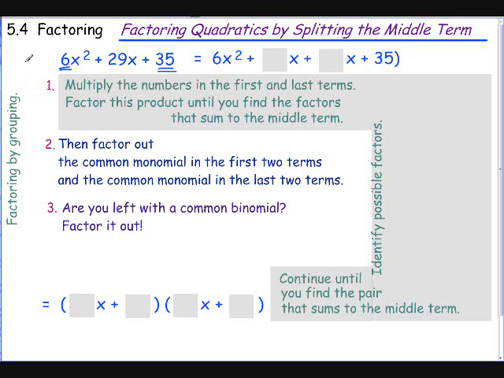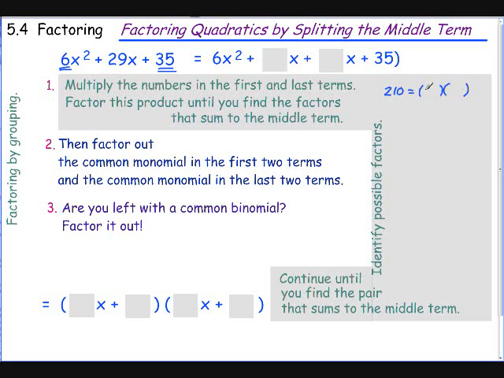All right, so let's say we do that here. We multiply 6 times 35, which is the same as 3 times 70. So that would be 210. And what can we do for factors there? We're looking for factors that when we add them together will give us 29.